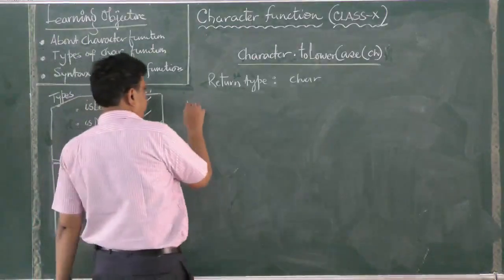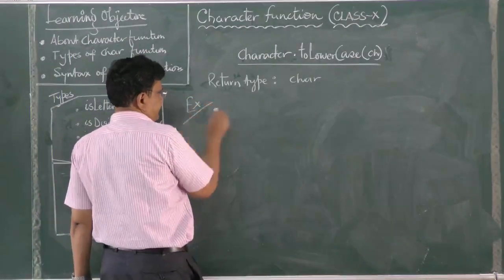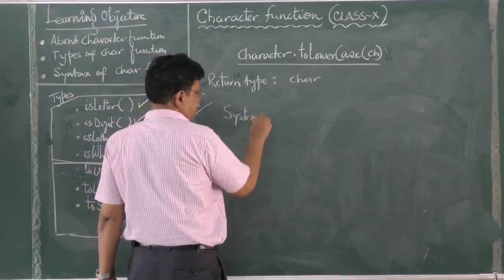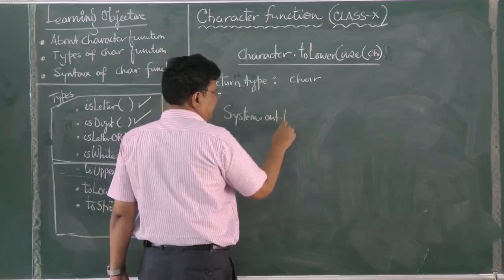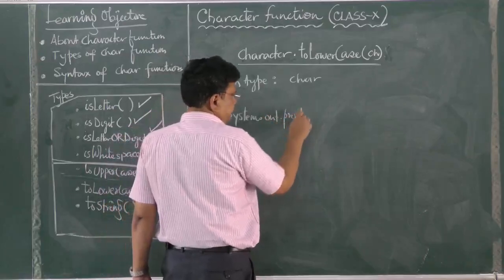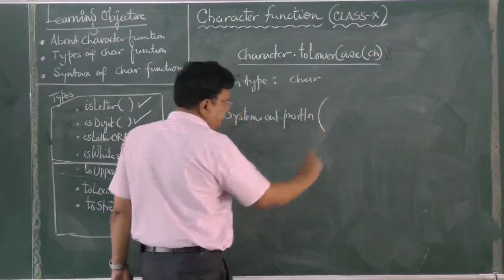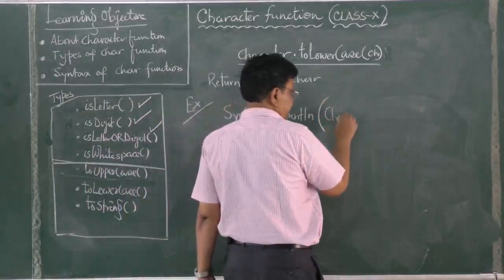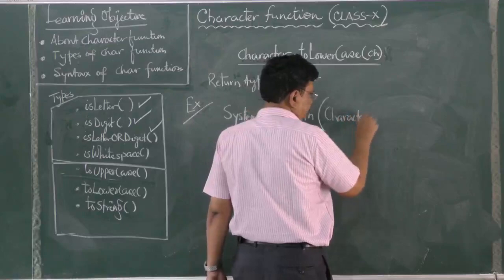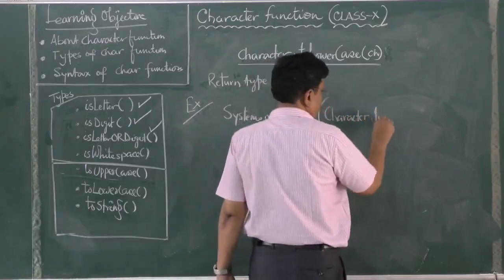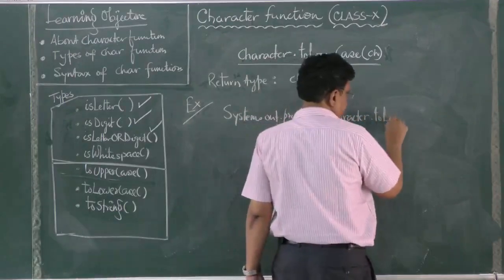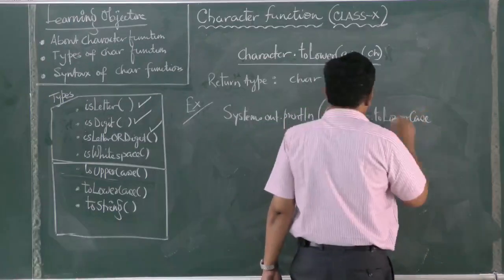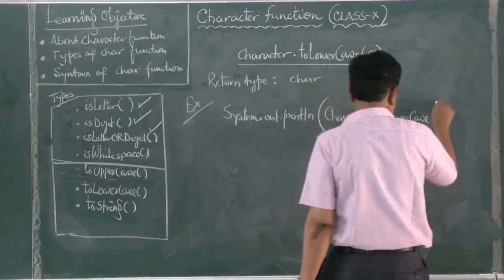Now, one example let us take. Suppose I am writing System.out.println, and within the bracket I write Character dot toLowerCase, then ch.